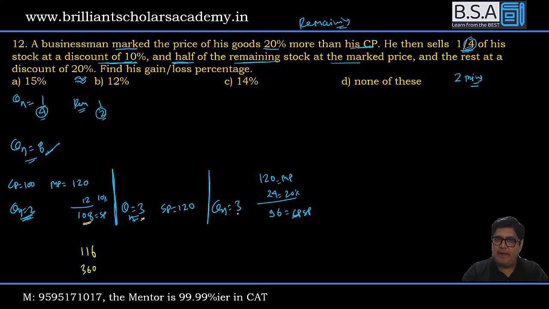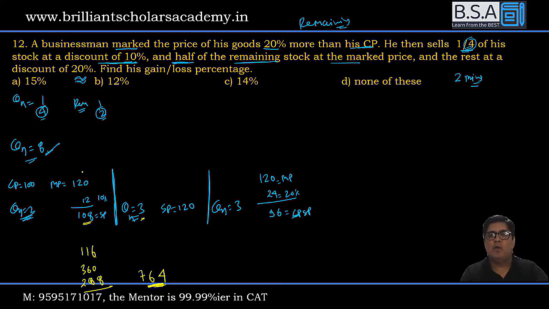And 3 are being sold for 96, so the money collected is 288. How much total money is being collected? That is 764.